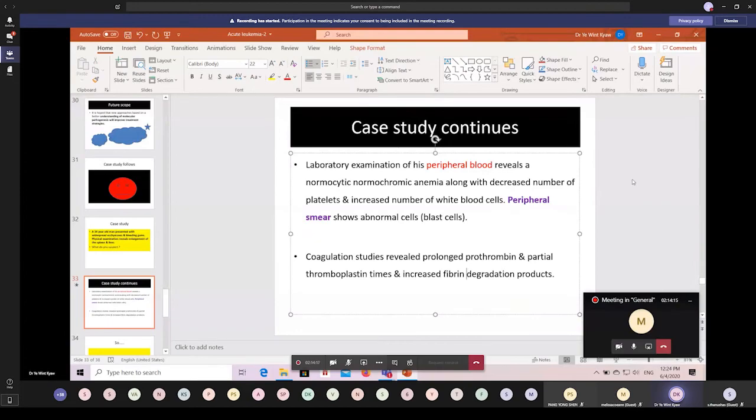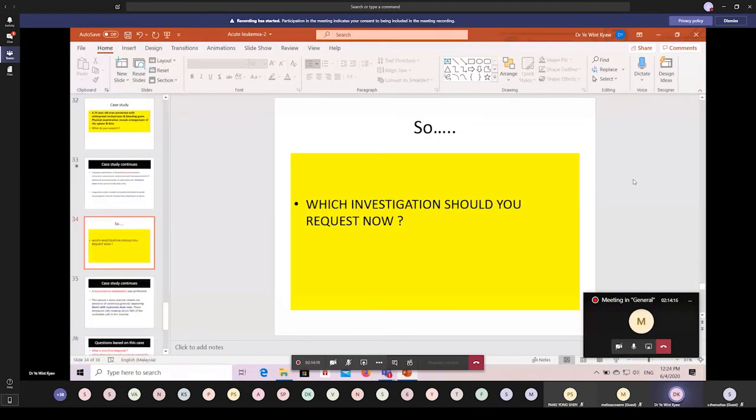So what investigation do you want to request? You are a medical officer, you see this patient, what investigation do you want to do? Bone marrow examination you should request.